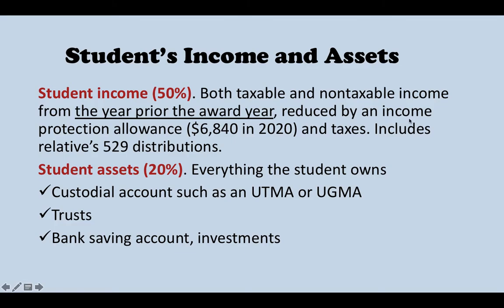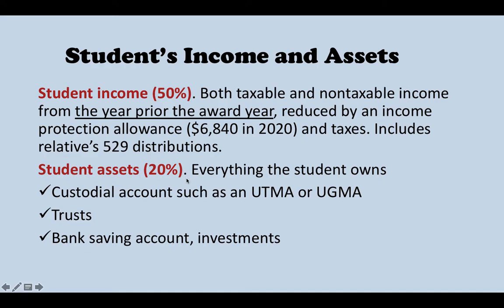Both taxable and non-taxable income from the prior year count. Say your kid wants to go to school this year, then last year's income will be counted to see if the kid is eligible for financial aid. However, $6,840 is excluded. Later I'll show you an example.